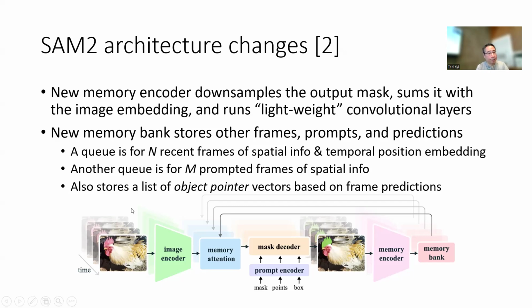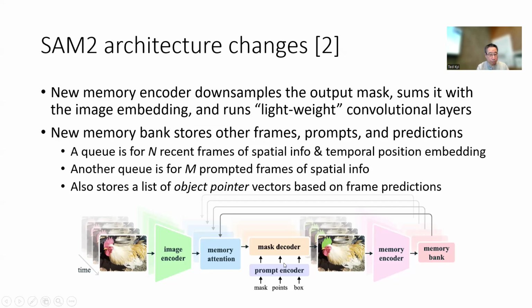And then I don't know the details, but they said they basically have some vectors that they store for the predictions. So I think it's mostly just about where was the ball on frame 2, where was the ball on frame 3. And you can see this pipeline down at the bottom where, again, you put an image in, it encodes the image. There's an attention that combines this image with the memory, if any.